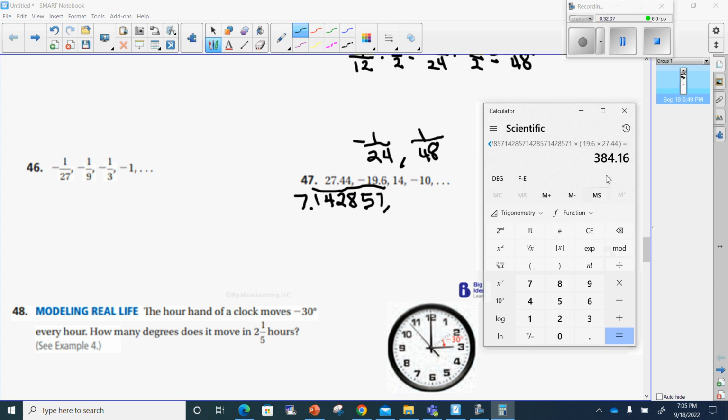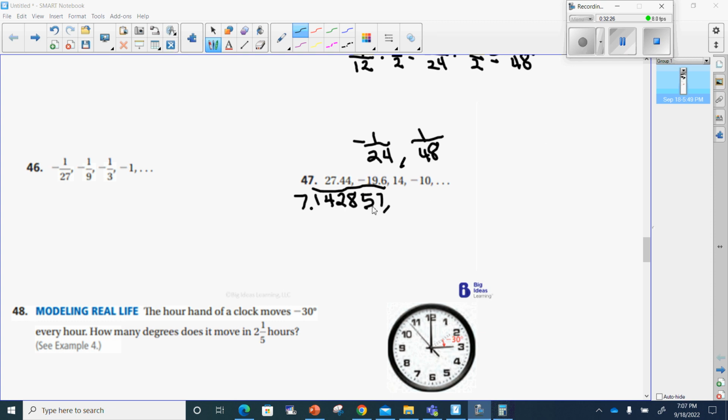And so I believe our answer is going to be, so I want to make sure I do this right. We took the answer to this, and then we multiplied it by the percentage of it. I'm thinking I should get 384.16. You know, after looking closely at this, I'm thinking it can't be that.